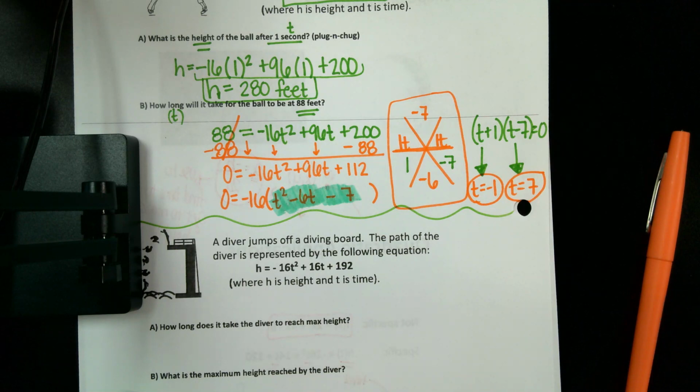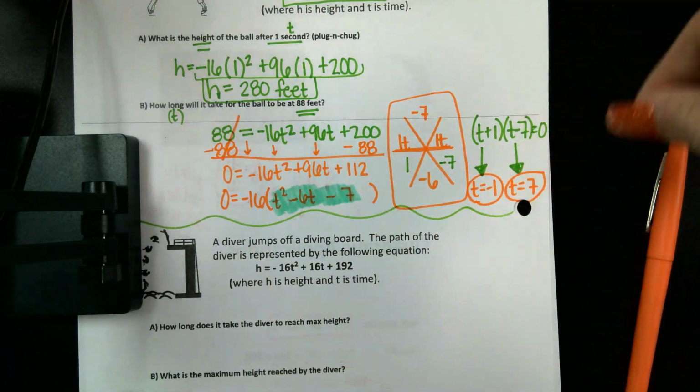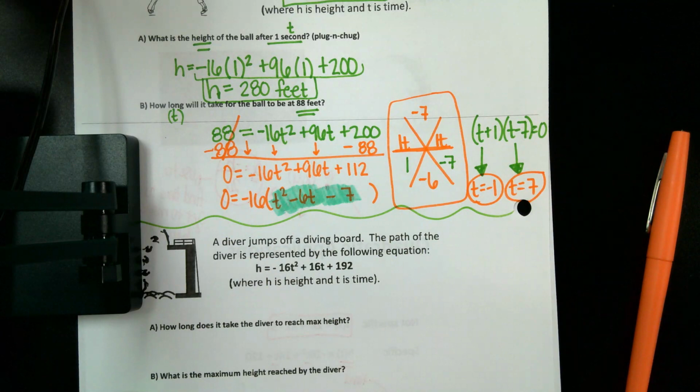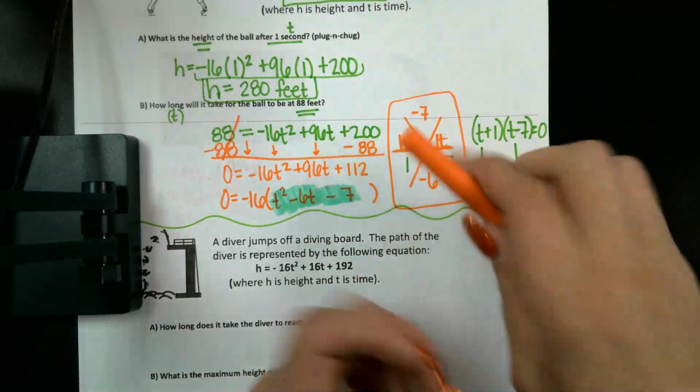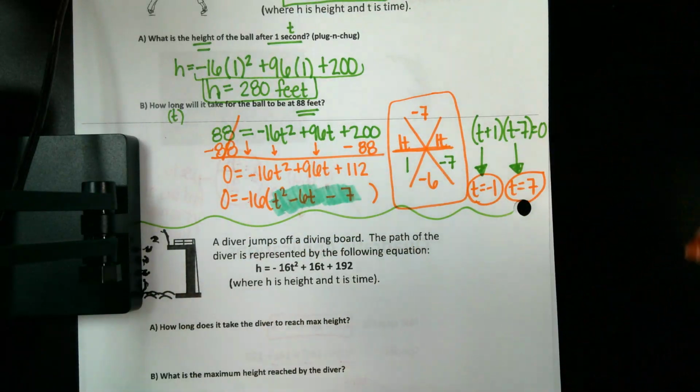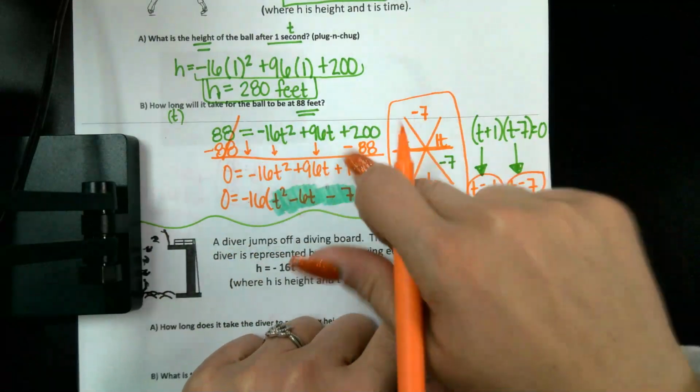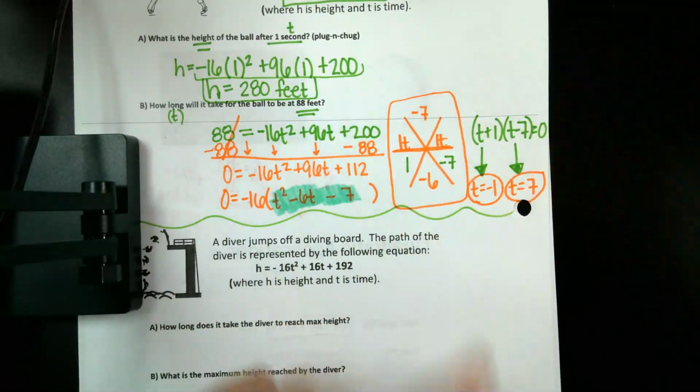Now, before we move on, I need you guys to think for a second. On your do now today, did it matter whether our answers were positive or negative? No, it didn't matter because we were just solving a random quadratic. But now that this is a word problem, your answers have to make sense. If they don't make sense, you can't say it's one of your answers. Will time ever be negative? No. So if you get two answers and one of them is negative, it's what we call extraneous, meaning it's like an extra answer that technically works for the quadratic itself, but it does not work for the word problem.